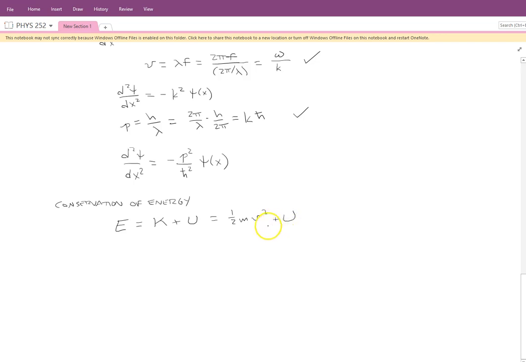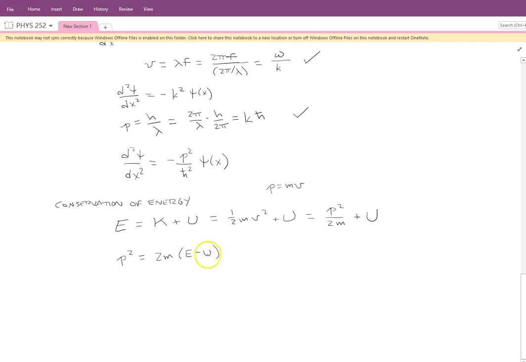Plus potential energy. Now, if you remember that momentum is mass times velocity, I can write 1/2 mv squared as momentum squared over 2m, and I want to do that. Just put in mv for p, square it, and you'll get 1/2 mv squared. So let's solve this for p squared. P squared is going to be 2 times the mass times the difference, total energy minus potential energy.